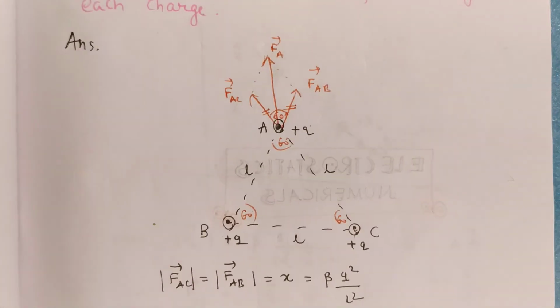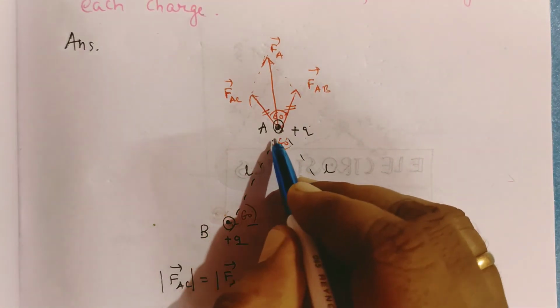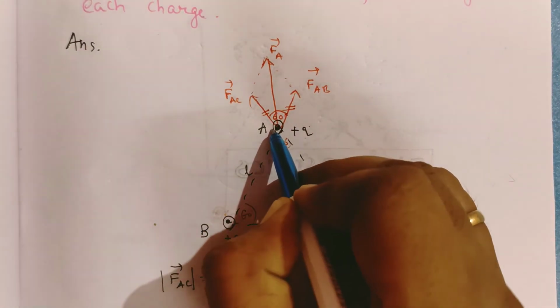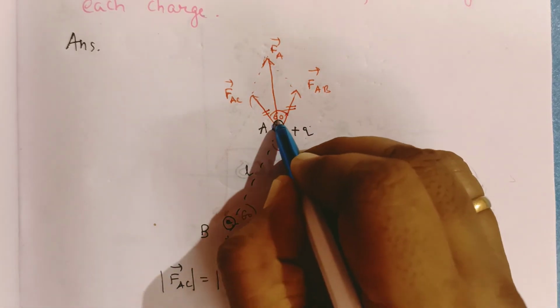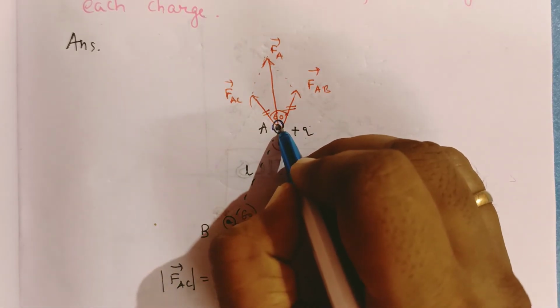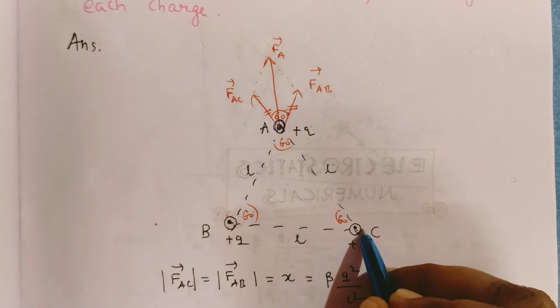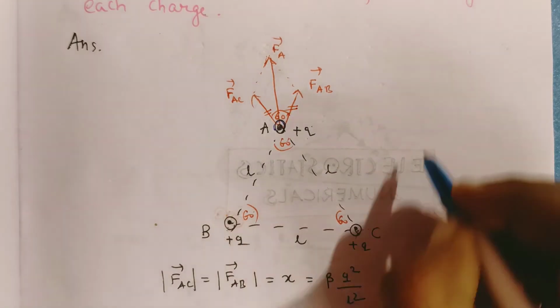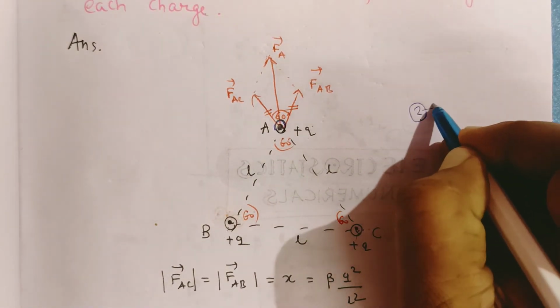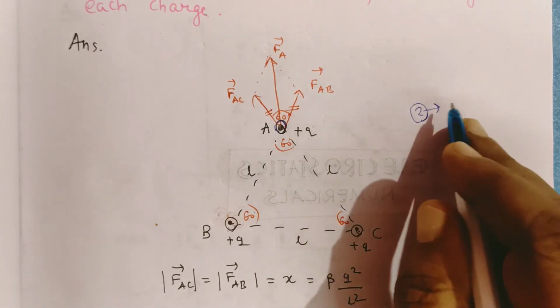Now you see, I want to find the resultant force on A. This is the testing charge where we have to calculate the resultant force. These are the source charges. How many source charges are there? Two. So you can easily use the triangle law and parallelogram law.